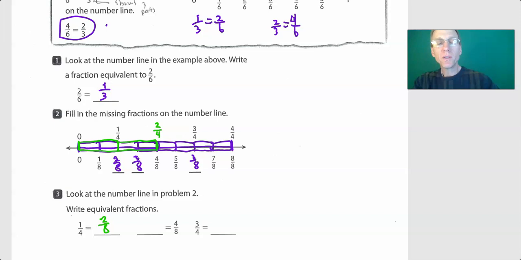And 2/4 is the same as 4/8. So 2 big pieces the same as 4 little pieces. 2/4 same as 4/8. And 3/4, let's go out here and do one more of those big pieces, is the same as 1, 2, 3, 4, 5, 6/8. Or you can look around the number line and see right there it says 6/8.